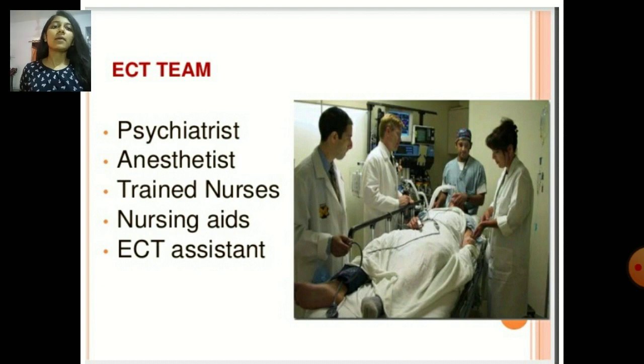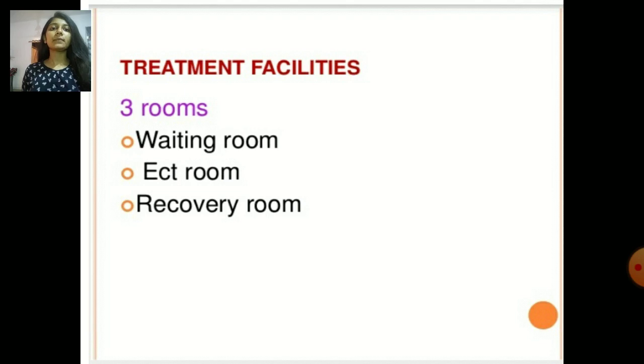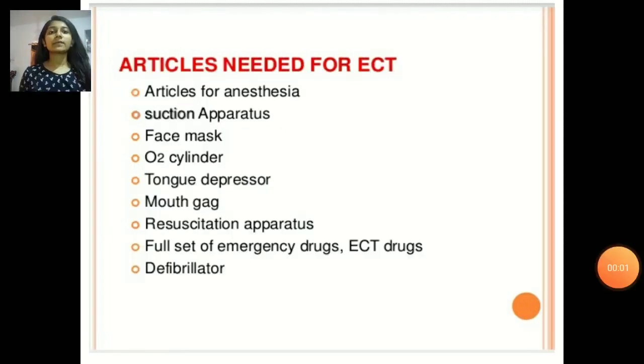Next, ECT team: psychiatrists, anesthesiologists, trained nurses, nursing aides, and ECT assistant. Treatment facilities: first waiting room, second ECT room, third recovery room.